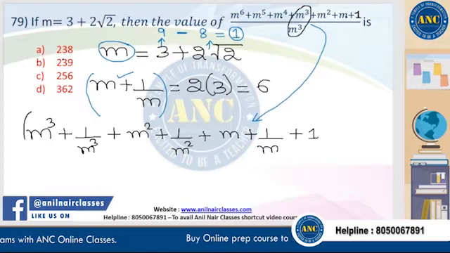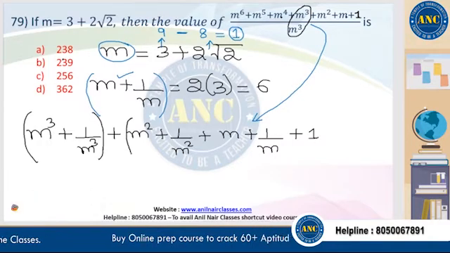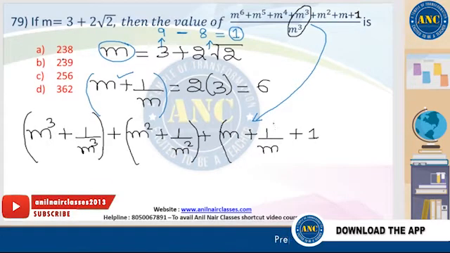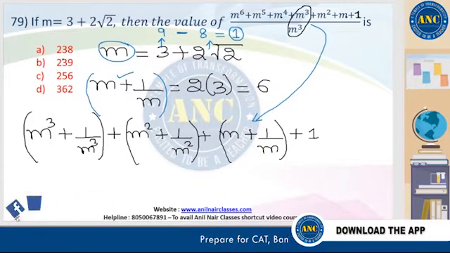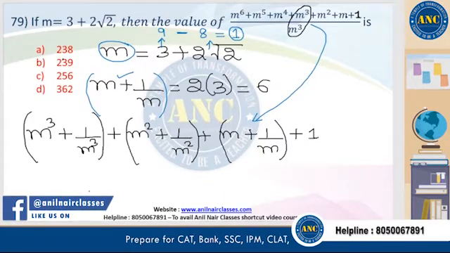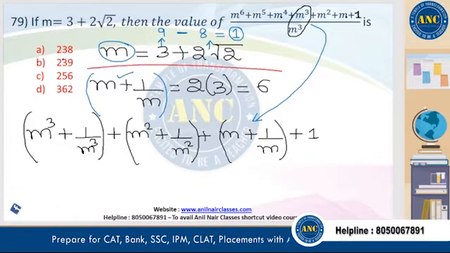That means m power 3 plus 1 by m power 3, m square plus 1 by m square, m plus 1 by m, 1.